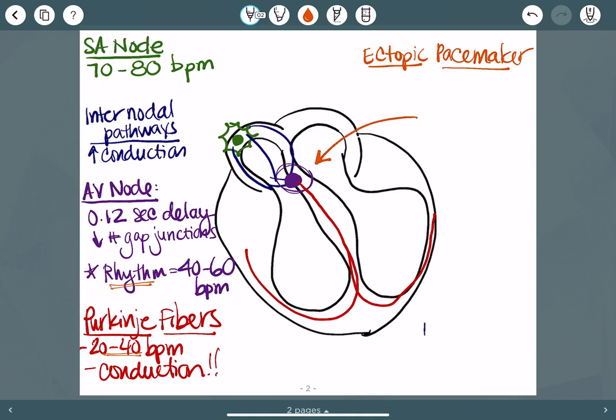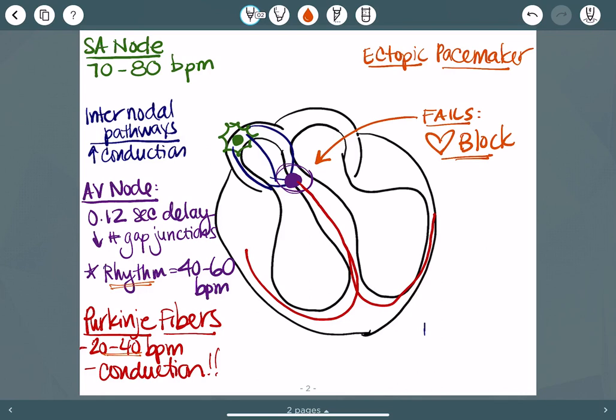If something fails in this area, maybe you've had ischemic damage or some other reason that the cells stop working in the AV node, we call these heart blocks. A heart block is when there's a disconnect between what's happening in the atria and what's happening in the ventricle.